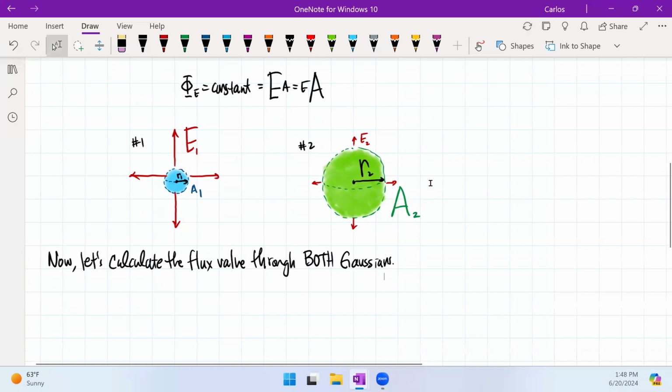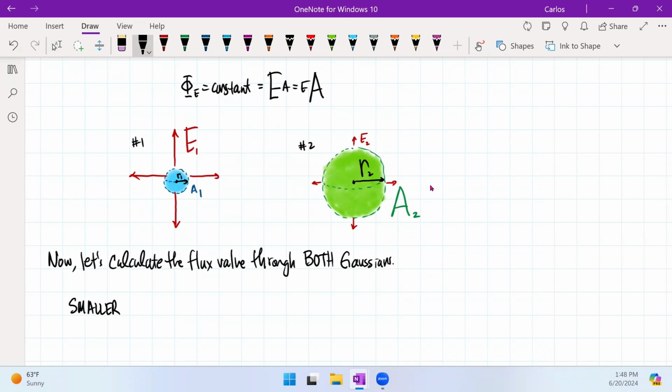So you could see I have a smaller blue sphere or blue Gaussian. And then over here, I'm going to have a larger green Gaussian. And we want to calculate these things.